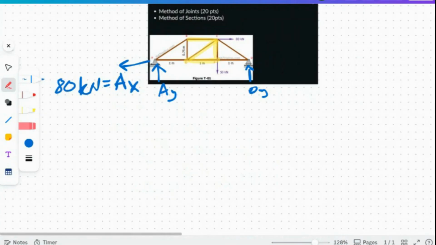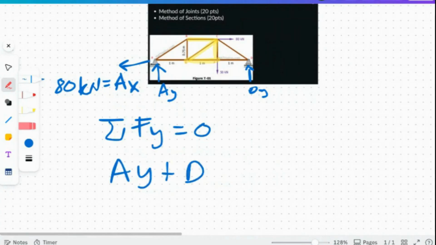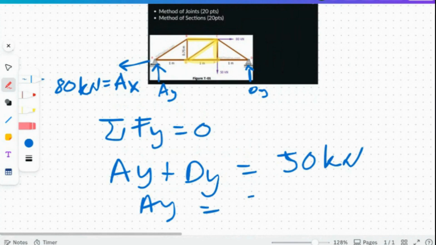Next, summation of vertical forces. You see that AY plus DY is equal to the force going down, which is 50 kilonewtons. So when you solve for AY, that's 50 minus DY, right?